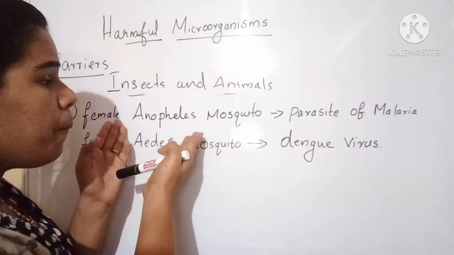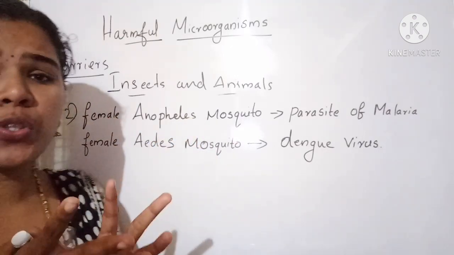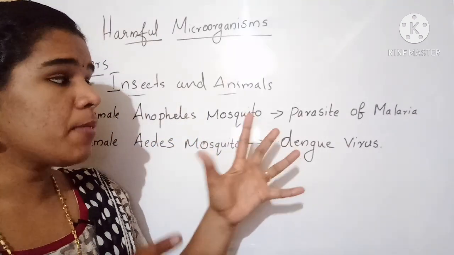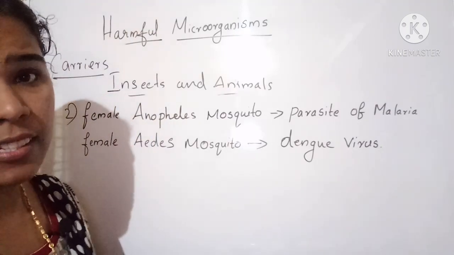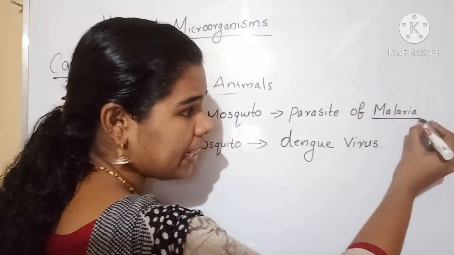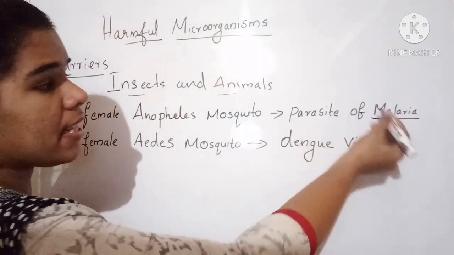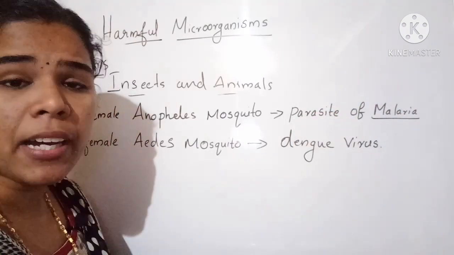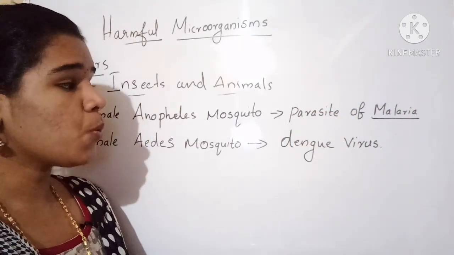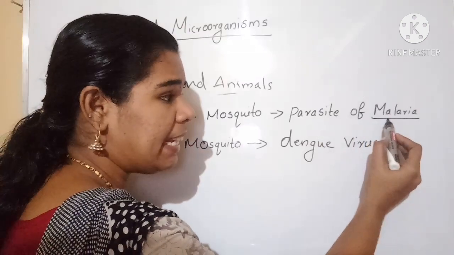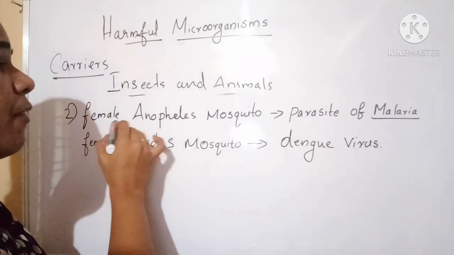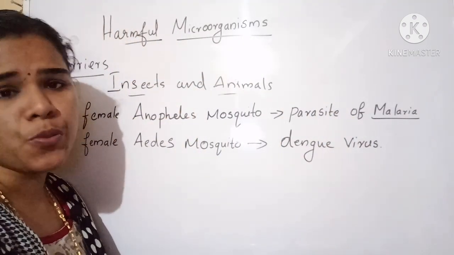So the female Anopheles mosquito, they carry what? The parasite of malarial disease. This is a disease, malarial disease. So the parasite spreads that particular malarial disease. Okay, so this parasite of malaria is carried by the female Anopheles mosquito.